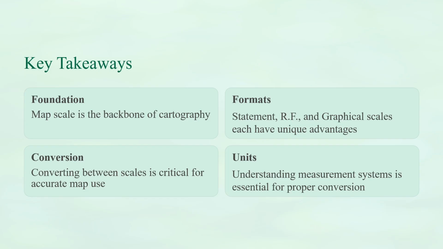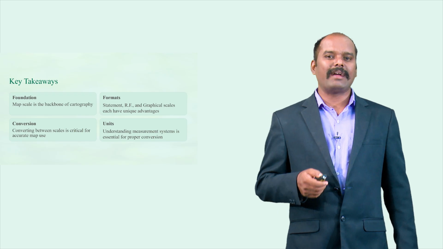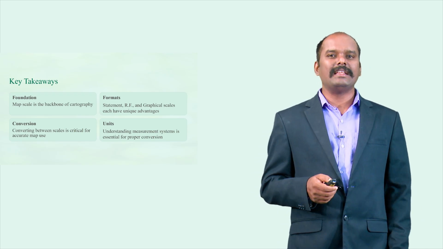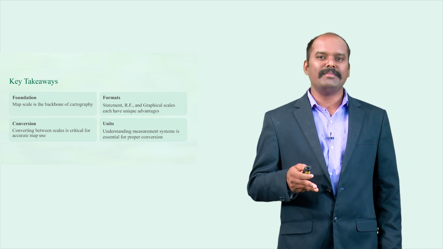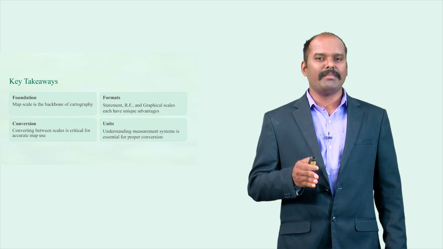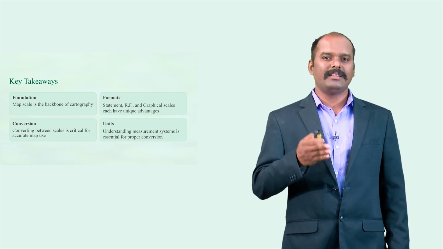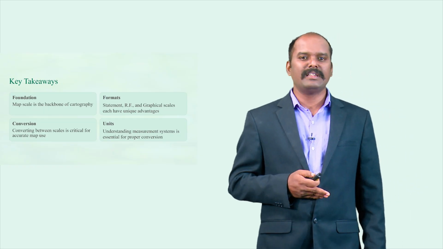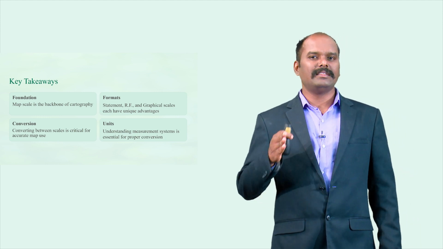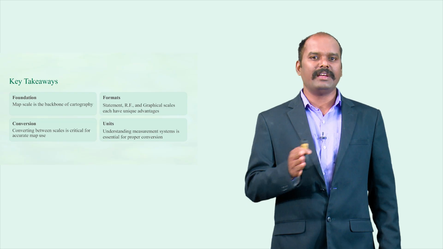Key takeaways from this lecture: map scale is the backbone of cartography. Map scale is the fundamental map element of a map. Without a map scale, a map will not be valid. Next, we learnt about conversion and construction of statement scale and representative fraction scale and vice versa.